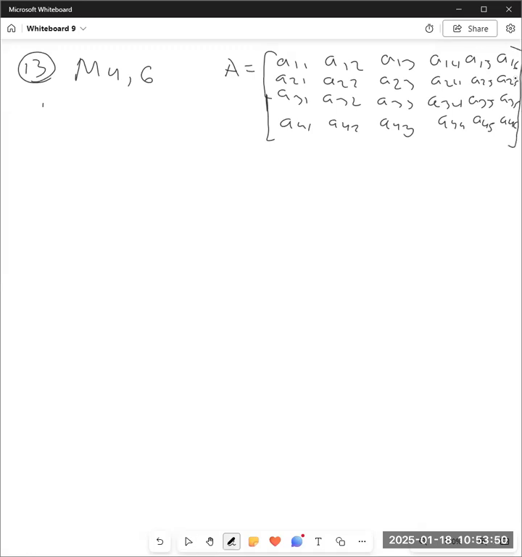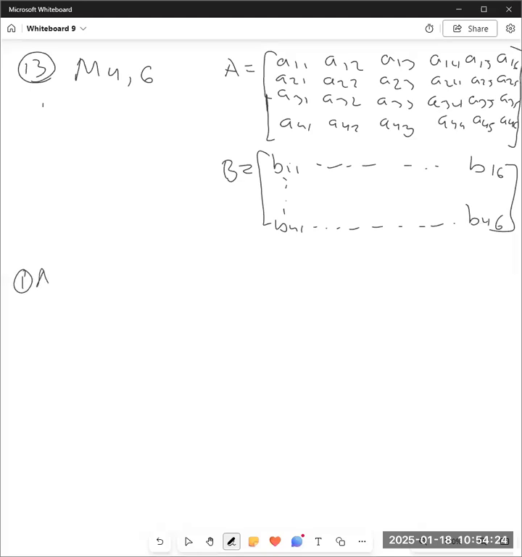And then I'll need that also for matrix B, which is B11 dot dot dot to B16, and dot dot dot B41 to B46. Just imagine that I wrote all that out there like I did with A.